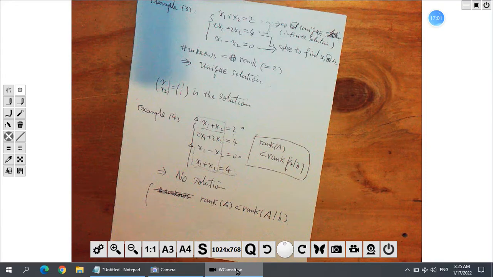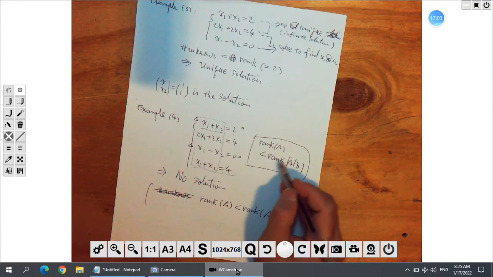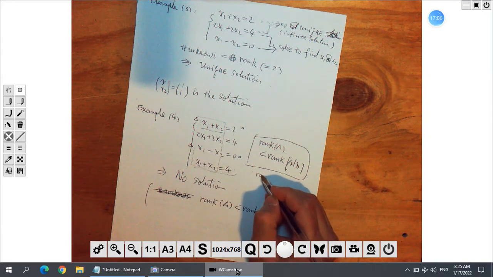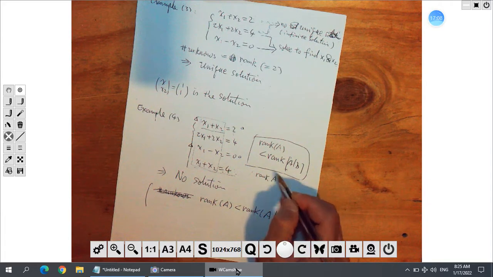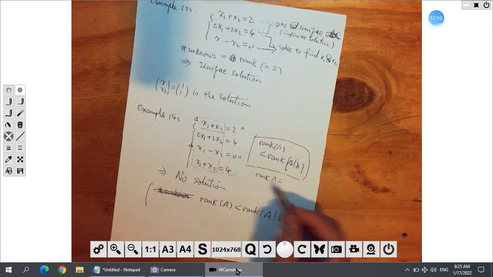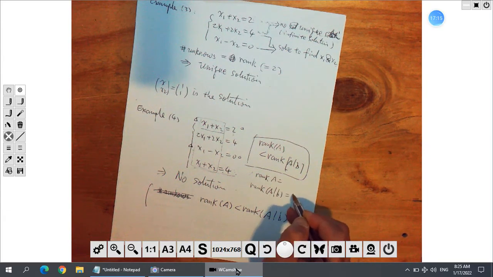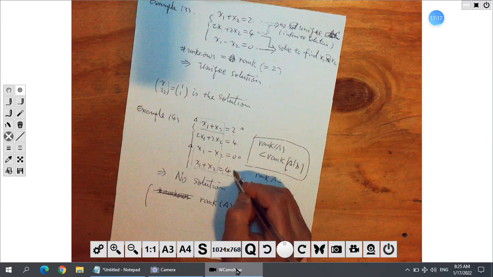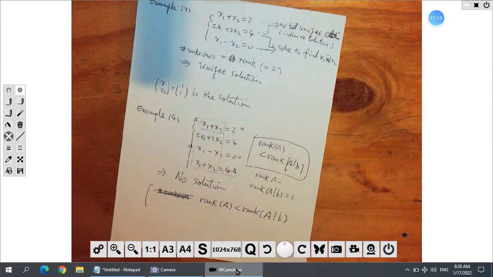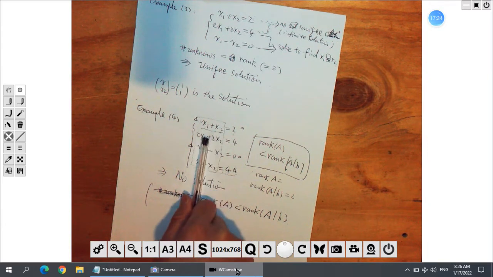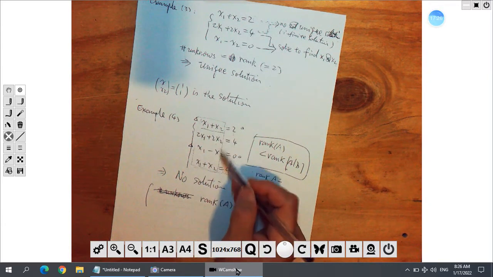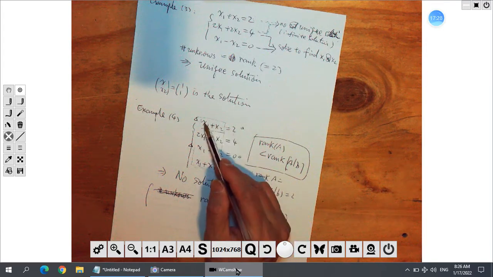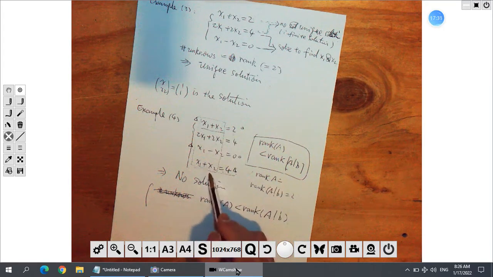So like in this example, rank of A is 2. We only have these 2, right? But the rank of A and B together is 3. The last equation is not the same as the first or second. They cannot give us the same solution, right? For example, 1 and 1 is a solution here, but for this one, 1 and 1 is not a solution. 2 and 2 is a solution.